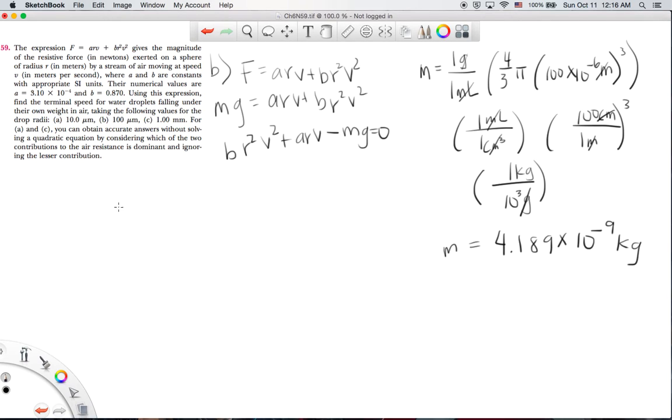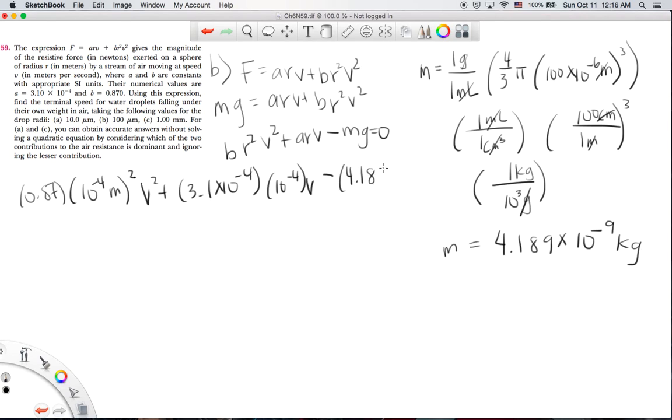So when we plug this all in, we'll get 0.87 times 10 to the negative 4th meters quantity squared v squared plus 3.1 times 10 to the negative 4th times 10 to the negative 4th v minus 4.189 times 10 to the negative 9th kilograms times 9.8 meters per second squared.